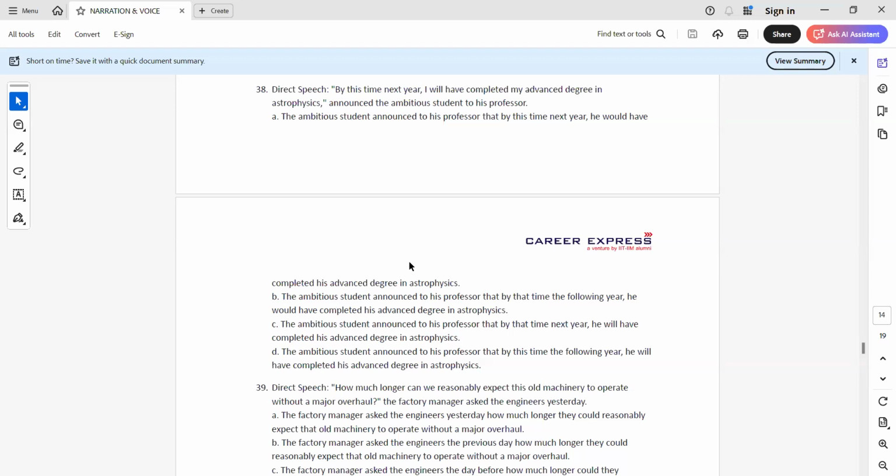Yes, such an option is there somewhere. D. But it's "will have"; it should be "would have." Option A. "Next year" should become "the following year." But the tense changes and everything is correct. Option A.